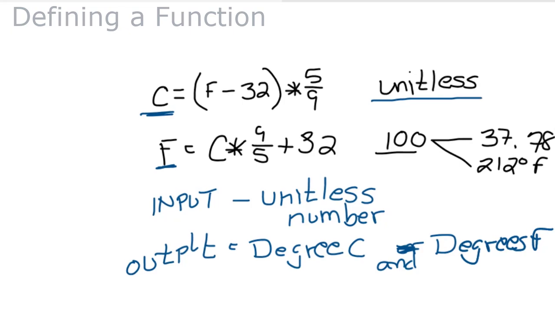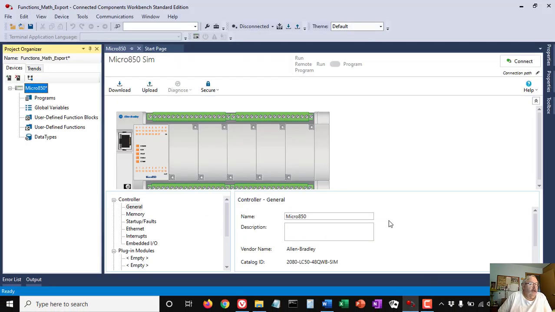So let's go back to CCW, and we're going to create a user-defined function block. You'll see over in the project organizer, there's user-defined function blocks, and there's user-defined functions. The difference between these two is that user-defined function blocks can return more than one piece of data.